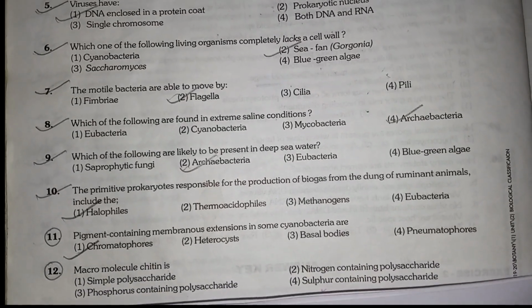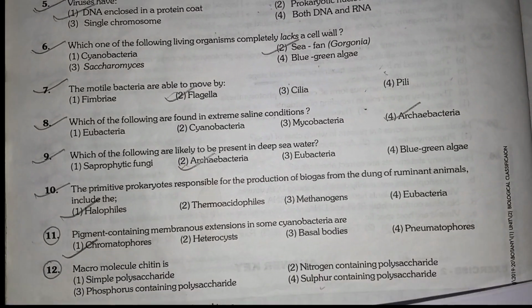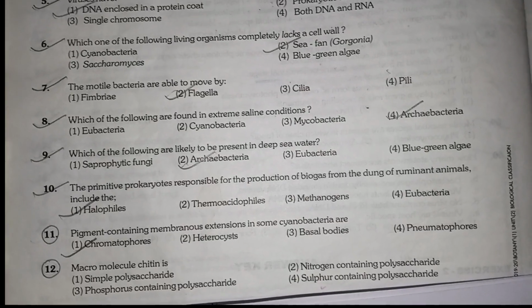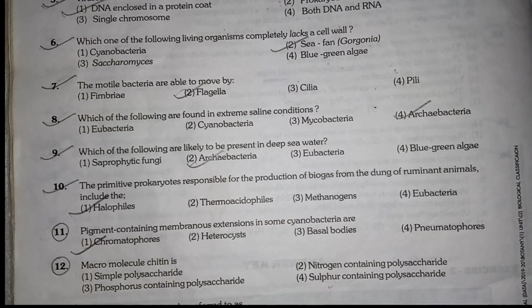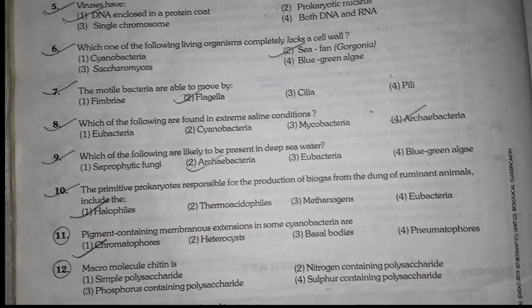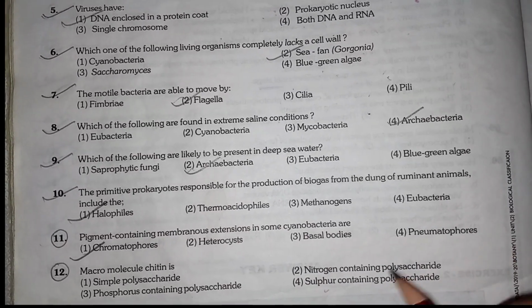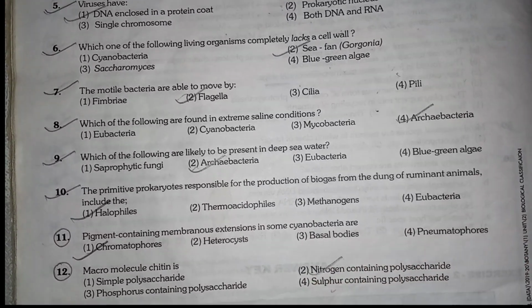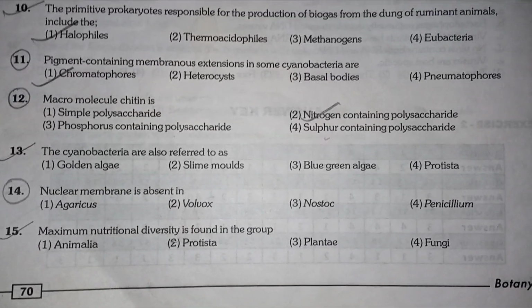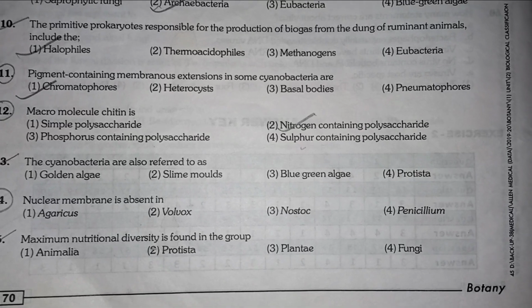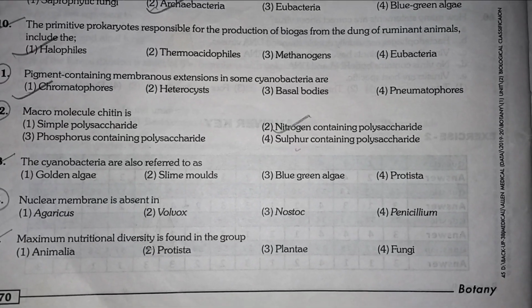Macromolecule chitin is simple polysaccharide, phosphorus containing polysaccharide, nitrogen containing polysaccharide, and sulfur containing polysaccharide. And the correct option is nitrogen containing polysaccharide. The cyanobacteria are also referred to as golden algae, slime molds, blue-green algae, protista.